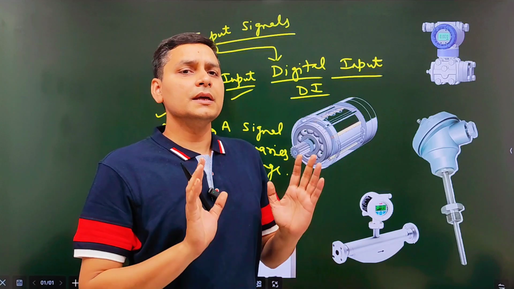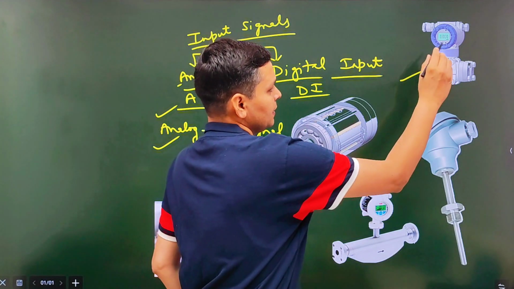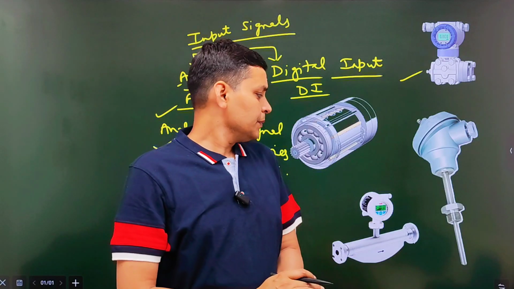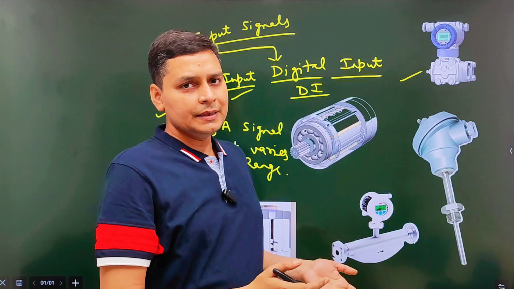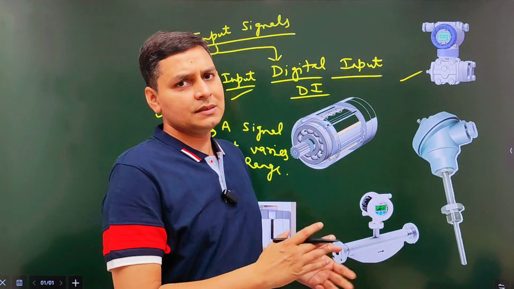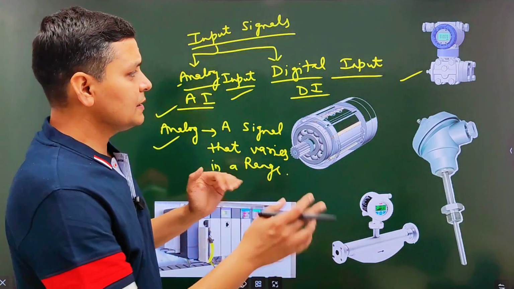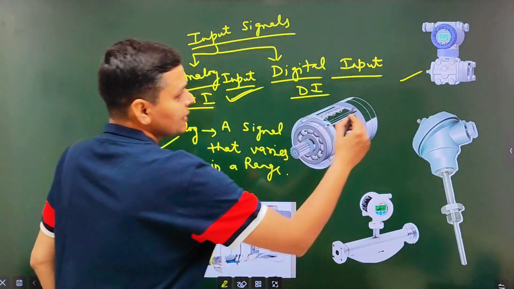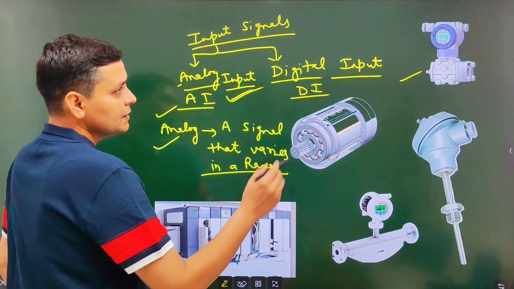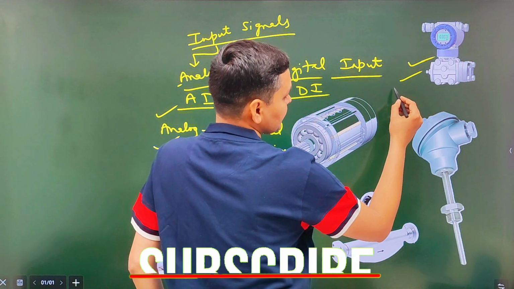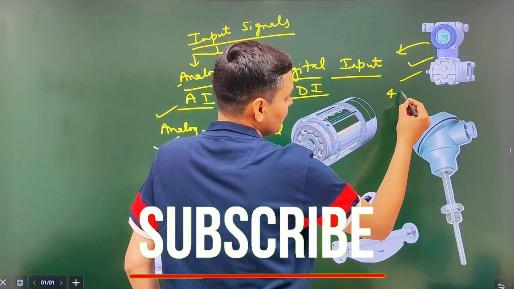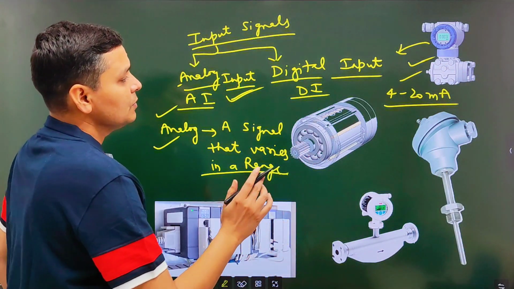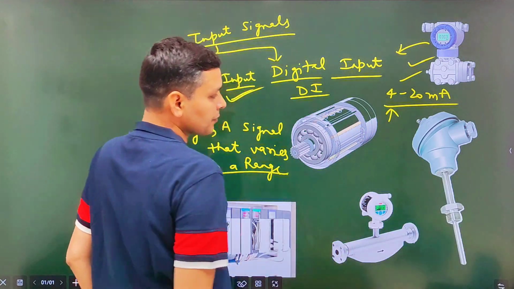Look friends, any sensor like a DP type transmitter, pressure transmitter, flow meter, RTD or thermocouple are all sensors, so their signal will be an analog input signal, because their signal varies in a range. Suppose we are using this type of transmitter, its output will be a 4 to 20 milliampere signal. So this signal varies in the 4 to 20 milliampere range. Motor RPM feedback will also be in the 4 to 20 milliampere range.